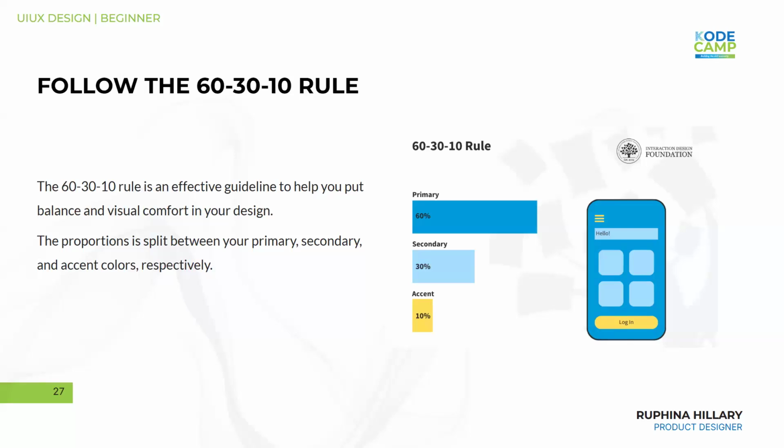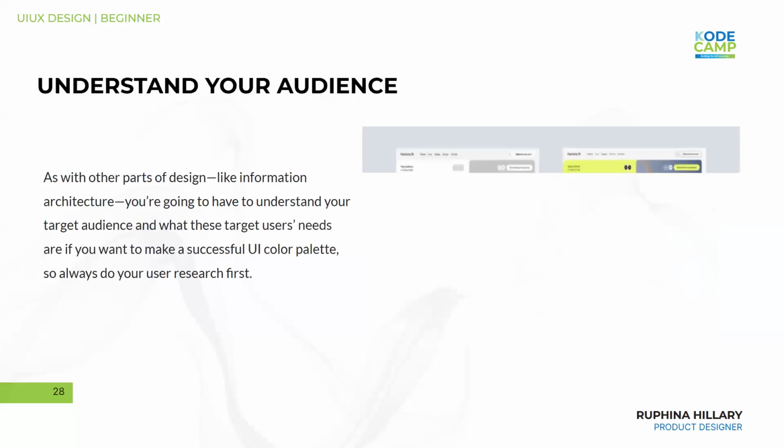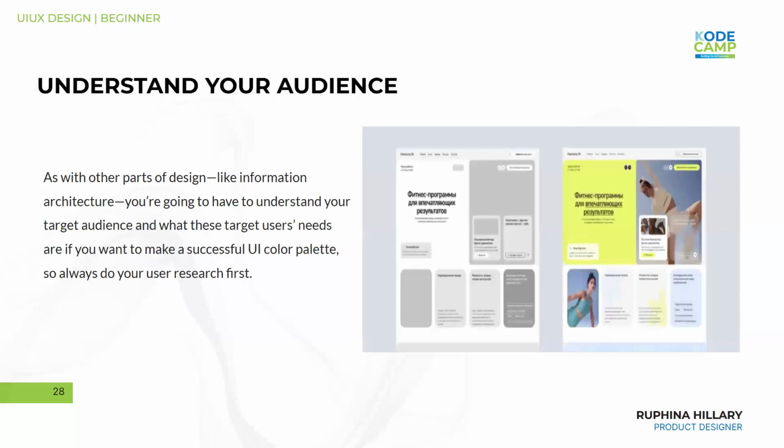So generally, when we are choosing colors for our design, we should follow the 60/30/10 rule, right? And another one is to understand your audience. Like I've said, know the people you are designing for. Remember, we have talked about the psychology of colors, how different colors would evoke different emotions, or how different colors would appeal to different age groups.